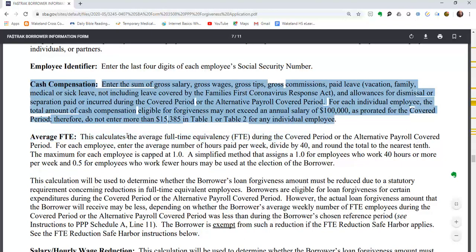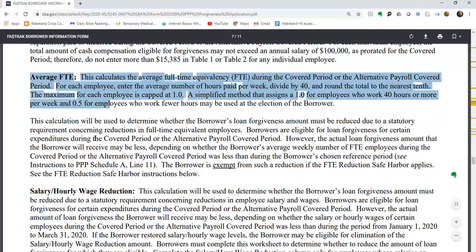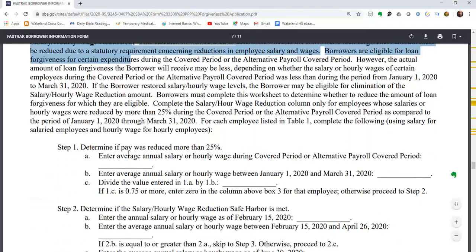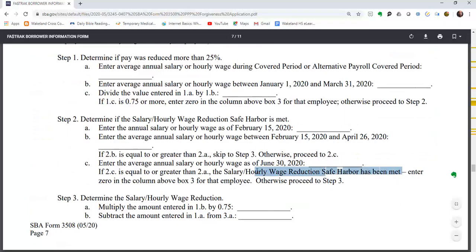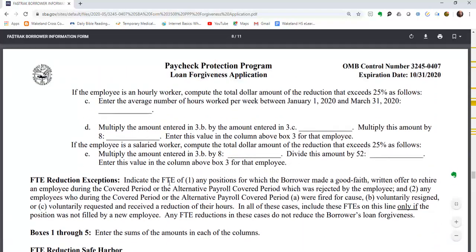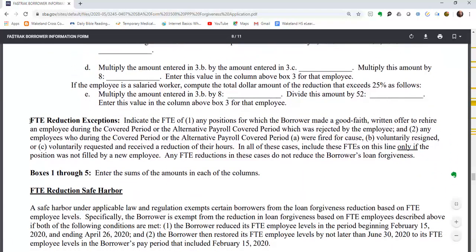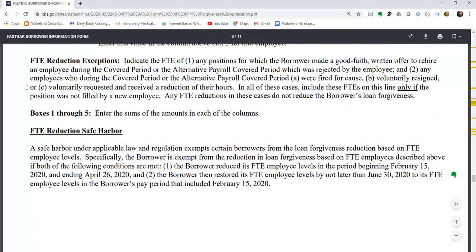You'd be looking at average FTE employee salary reduction, and then of course we have the safe harbor here, and then the FTE reduction exemption. If somebody were removed from employment because they were fired for cause, voluntarily resigned, or voluntarily requested, those are considered an exception in the full-time employee reduction requirement.